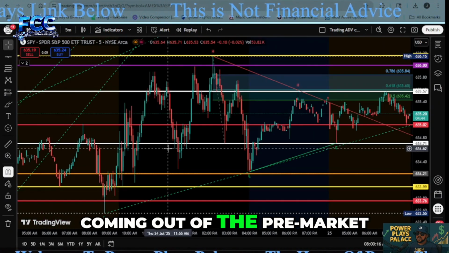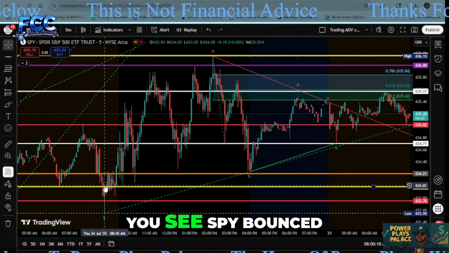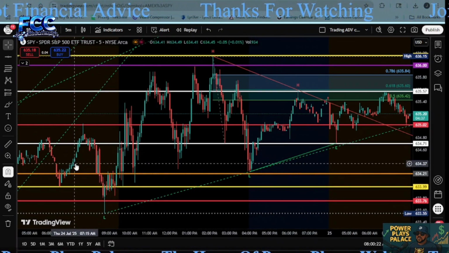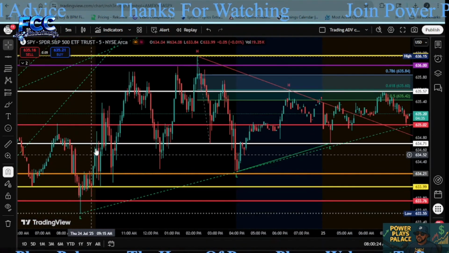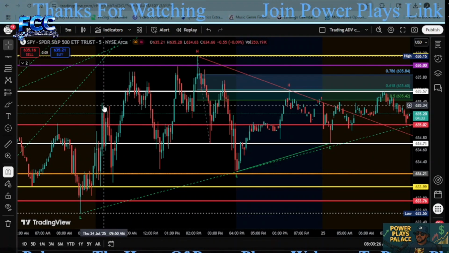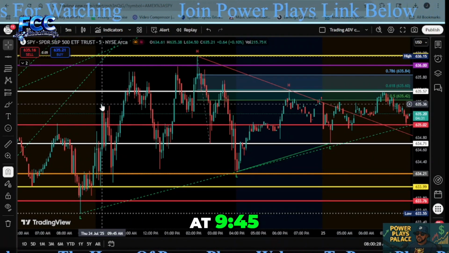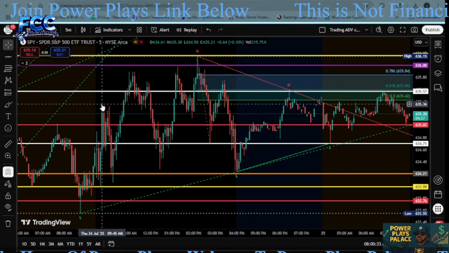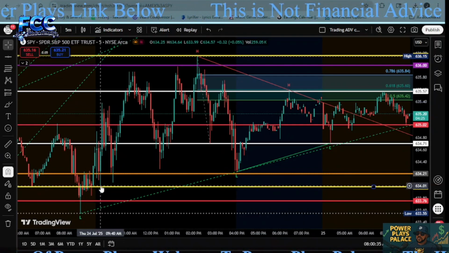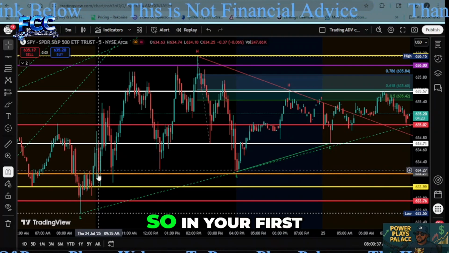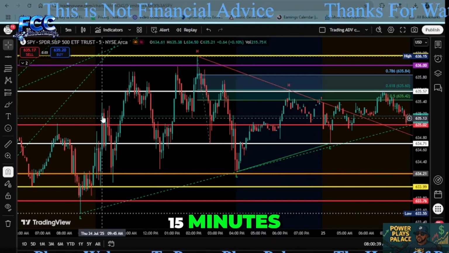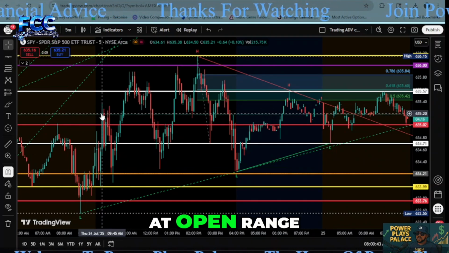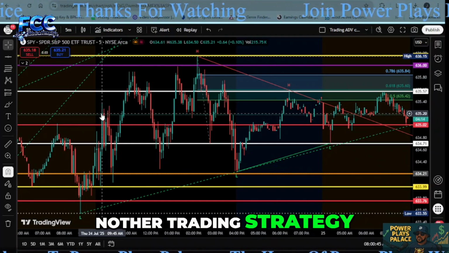Yesterday, coming out of the pre-market, you see SPY bounced off a trend line, worked its way up at 9:45, which would have been the first 15 minutes. In your first 15 minutes, you have a high and a low right there, which I talked about as the open range, but that's a whole nother trading strategy.